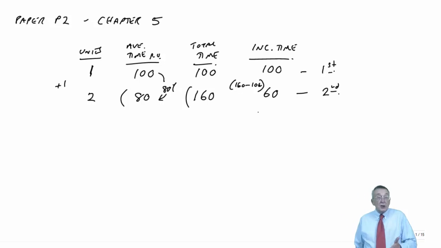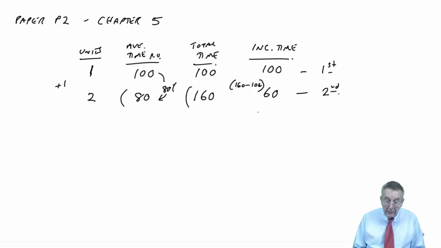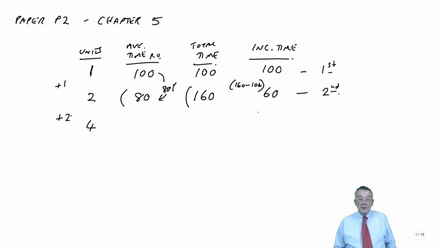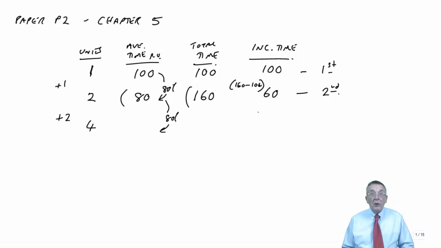Let's carry on. Wright's law says that every time we double, the average time will fall. So if we double 2 up to 4, so we've made another 2 units. Each unit gets faster and faster and faster, but the average time per unit will be 80% of what it was before.